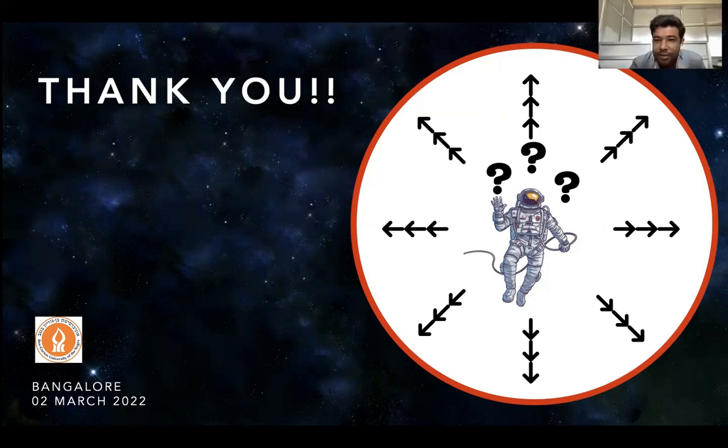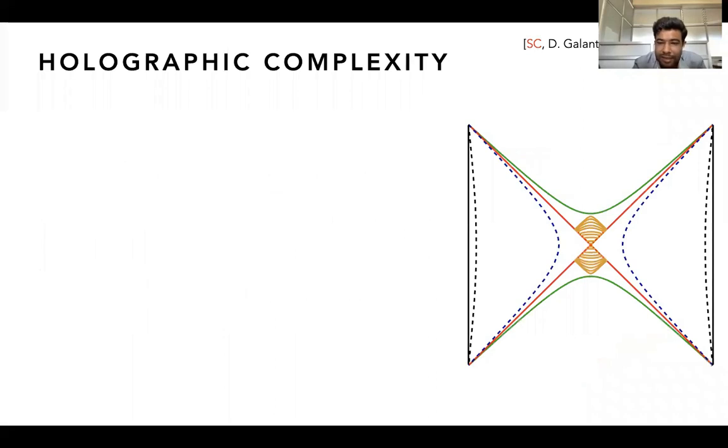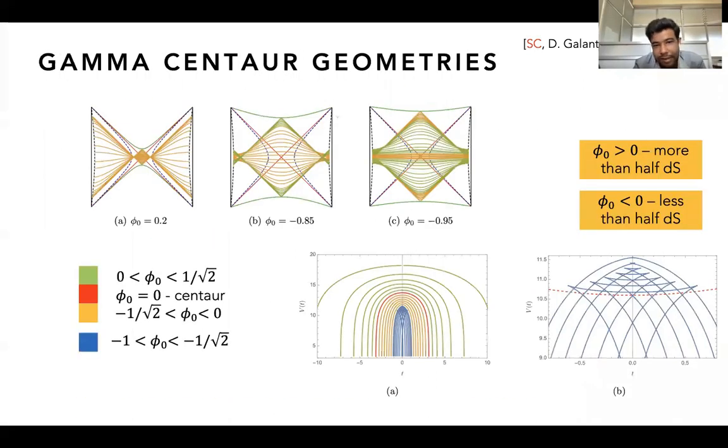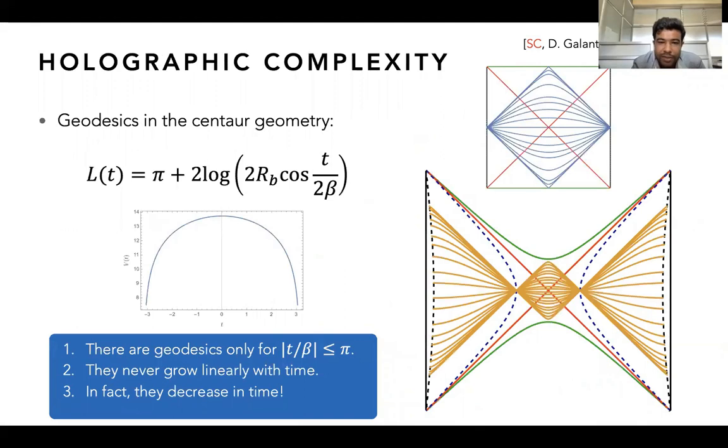Could you go back to the slide where you had the geodesics for the inside as well as the outside region, the diamond-like one? Yes, this one. The non-trivial pi part comes from the diamond, the middle part, which is the usual diamond-like structure in dS geometries.